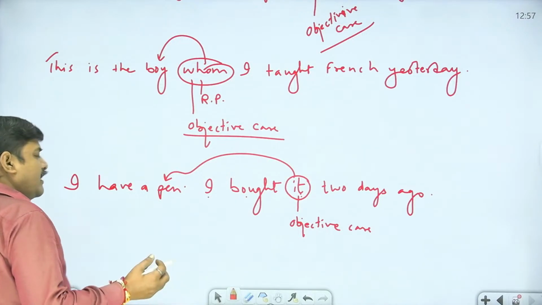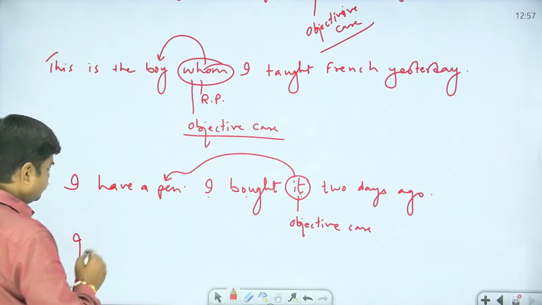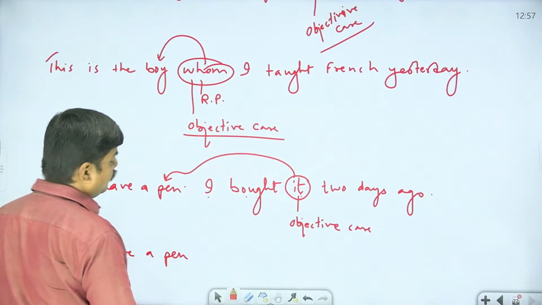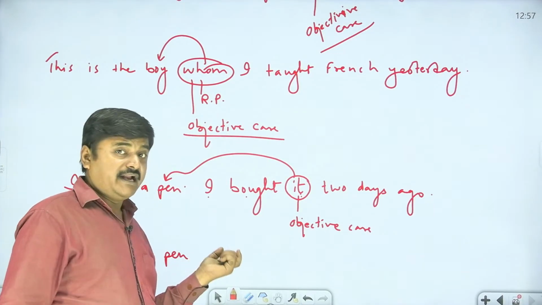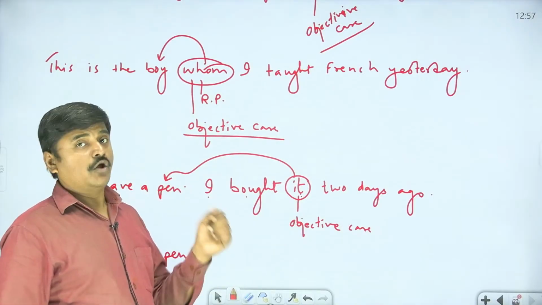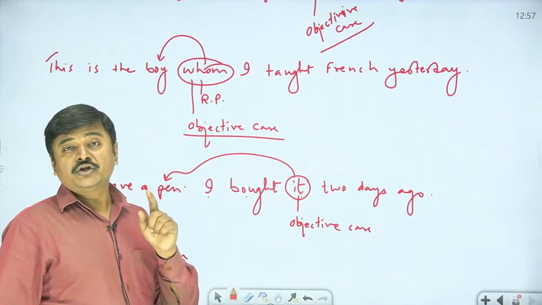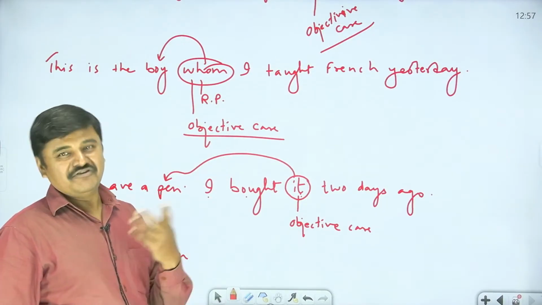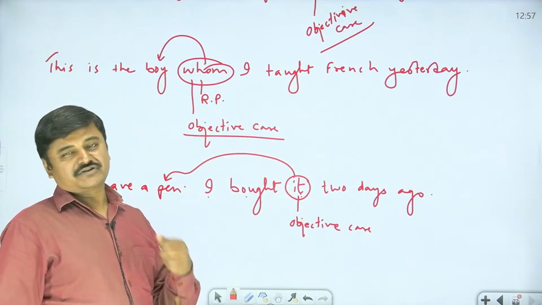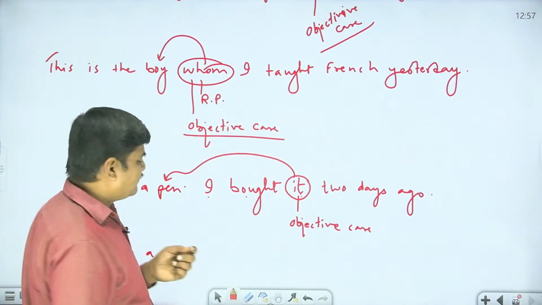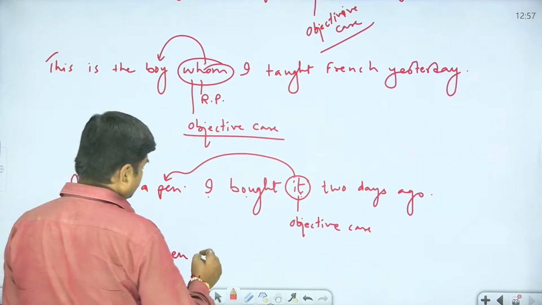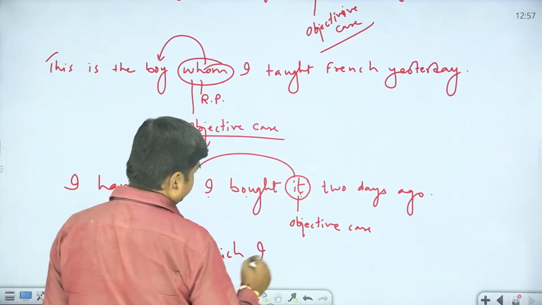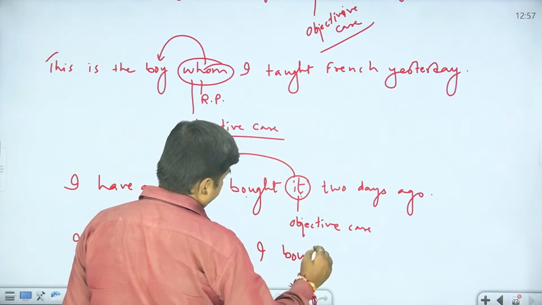Now if we are going to combine them, it means I want a relative pronoun that is used for non-living beings, and whom is not used for non-living beings. So which word? Actually, which can be used for subject and objective case as well. So, I have a pen which I bought.